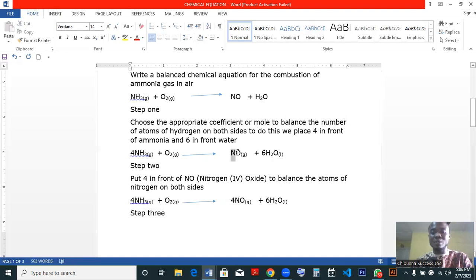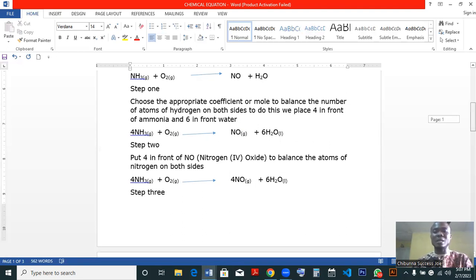So you see that we have increased an atom here, and here the atom is being destroyed. So to balance it, we have to place 4 here, and when we do that, we have balanced the atoms of nitrogen.